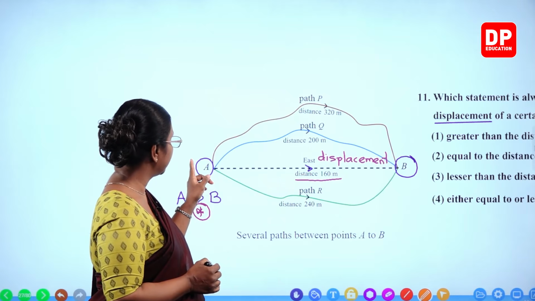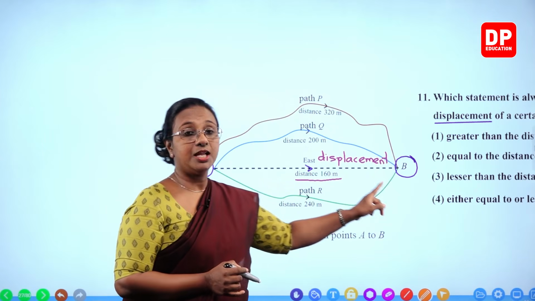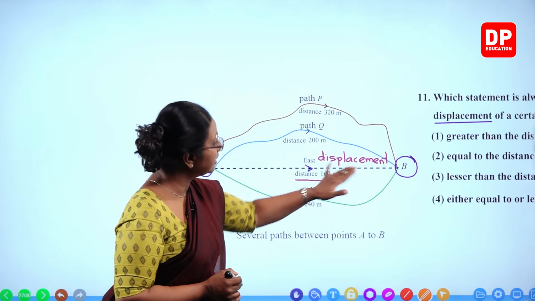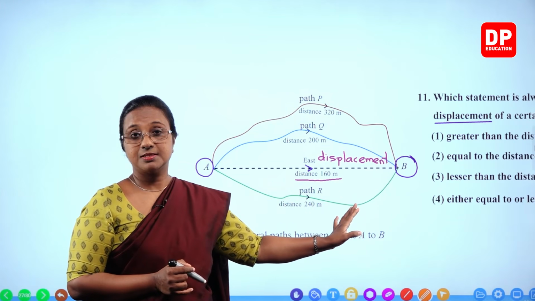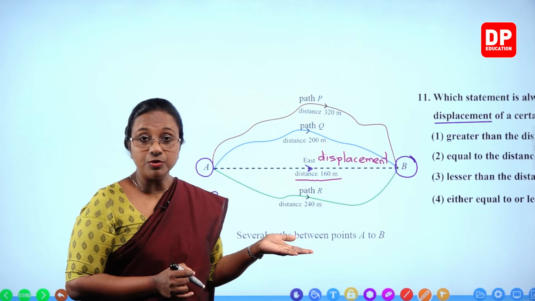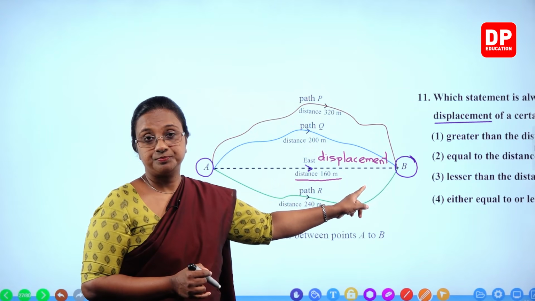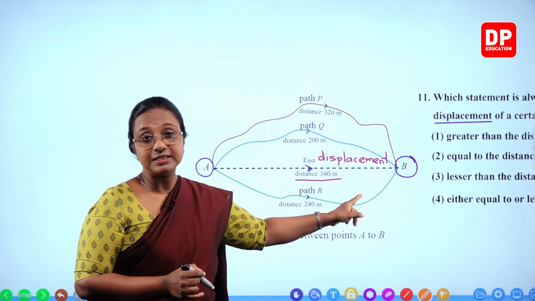But the displacement will be in the direction A to B. But if the object takes the other paths, the distance will be more, and the displacement will be the shortest one. Is that clear?